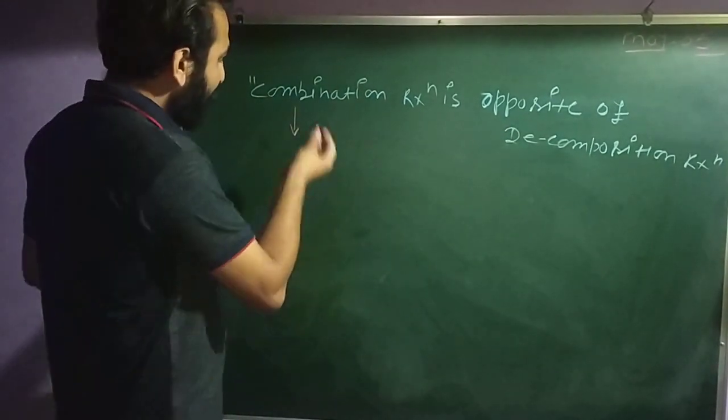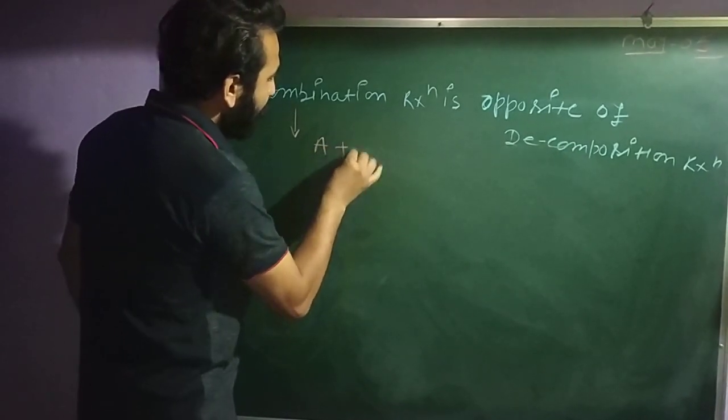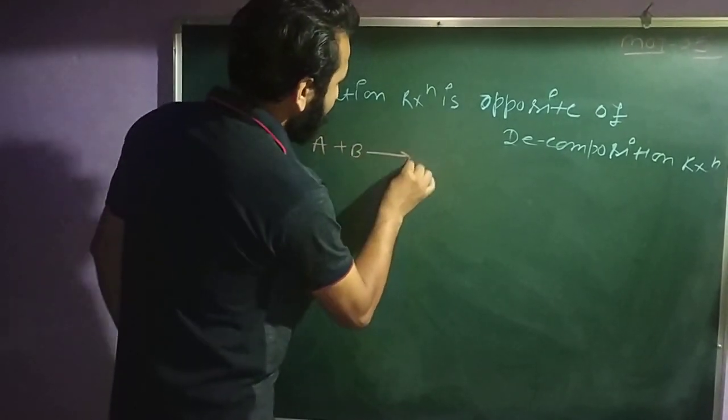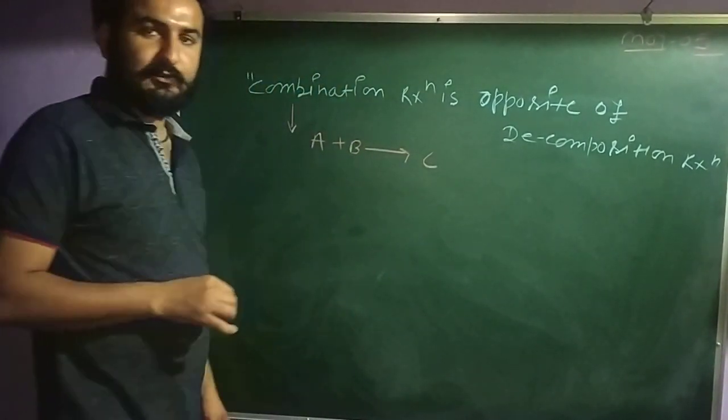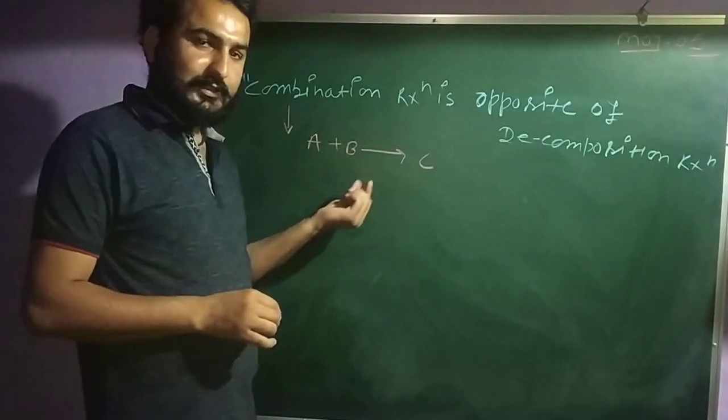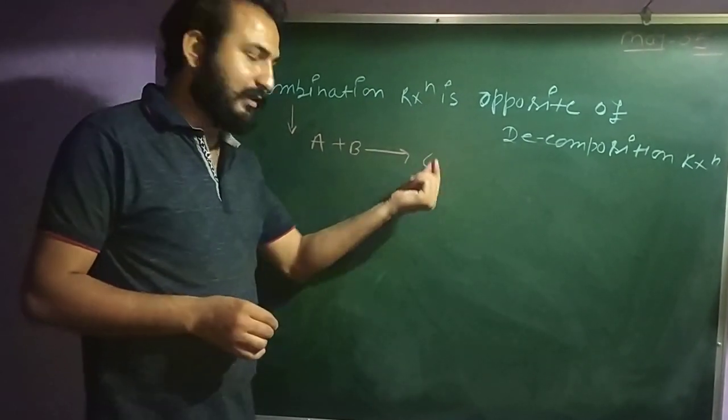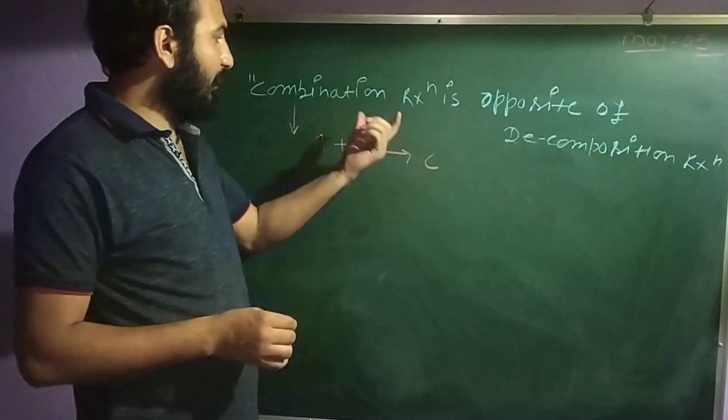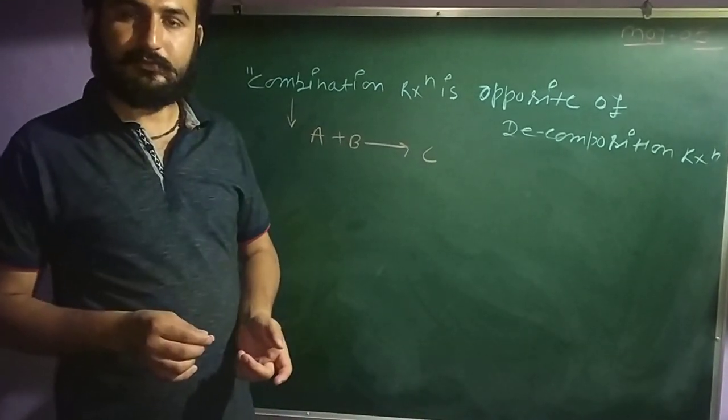The combination, that means A plus B combined together to give C. That means the two reactant species react together and form only one single product. It's called combination reaction. Clear?